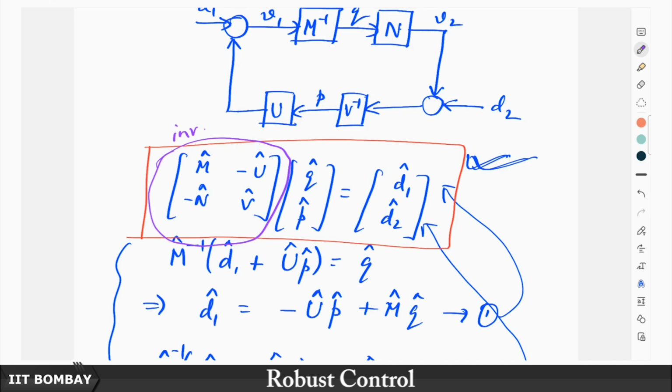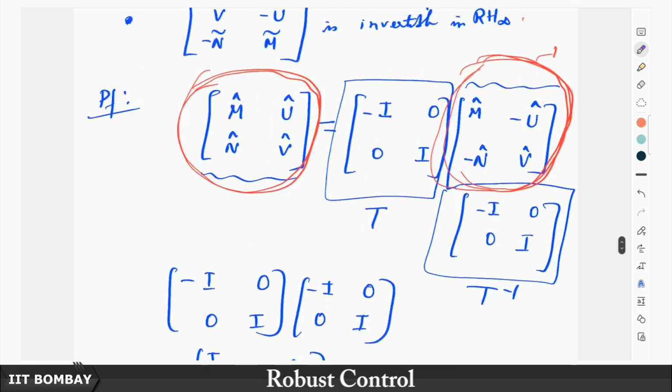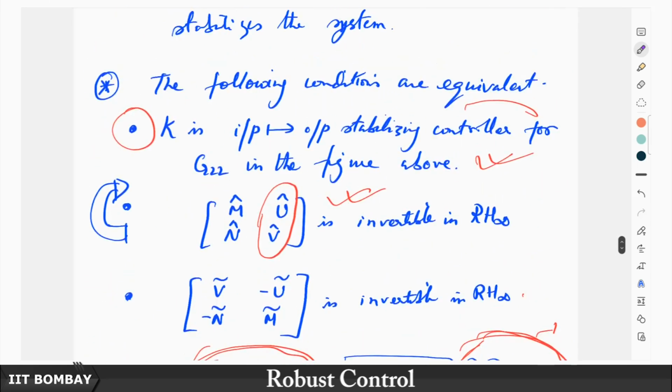Therefore, the inverse of this purple circled matrix, that is m hat minus u hat minus n hat v hat, must be in RH infinity, but that is exactly what we were required to prove from the very outset. And therefore, I would argue that this completes the proof of this particular result.